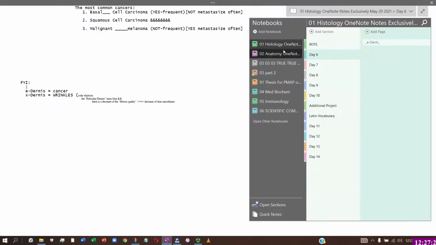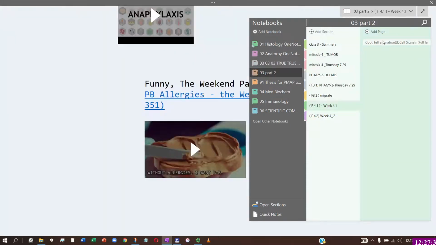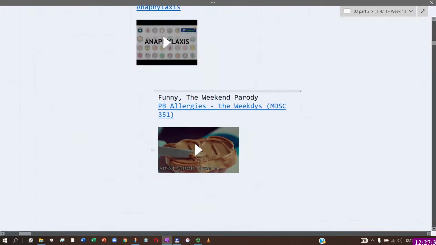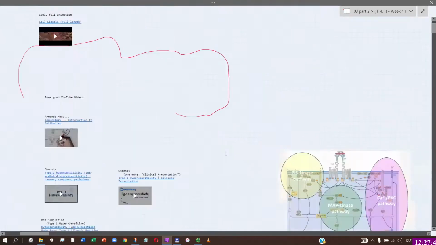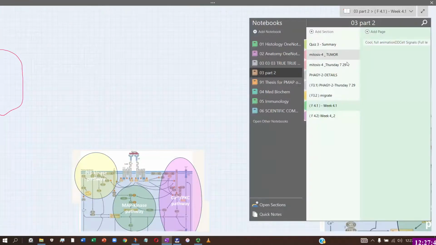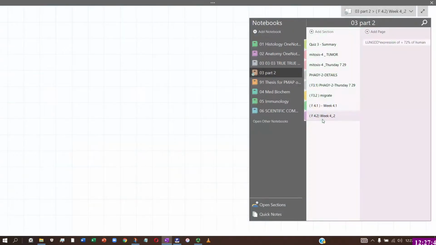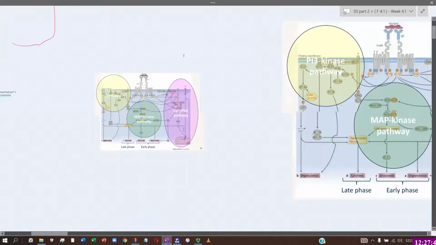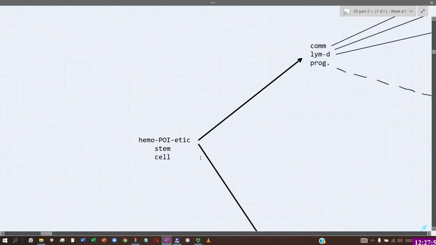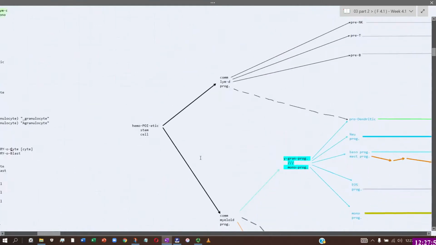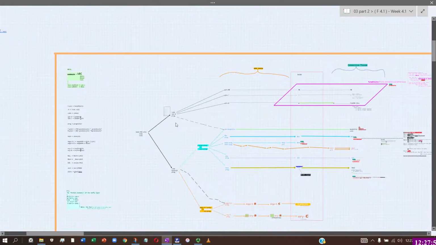So during histology, while covering the histology of blood cells, we addressed the concept of hemopoietic stem cells. And then these gave way to precursors, such as this one.